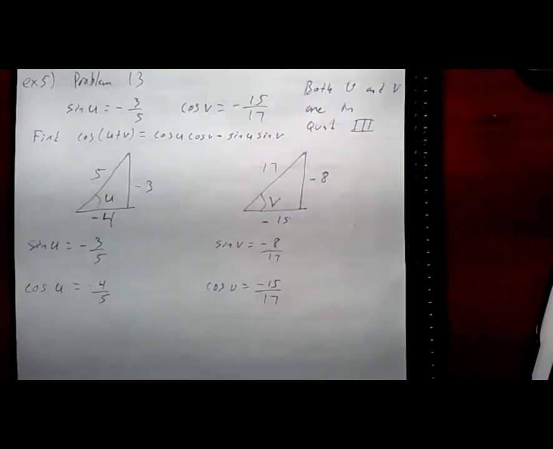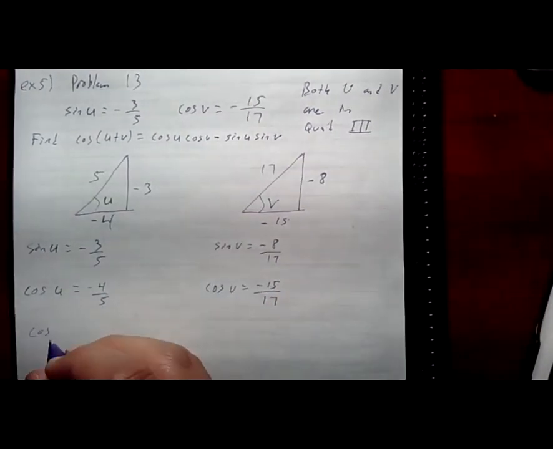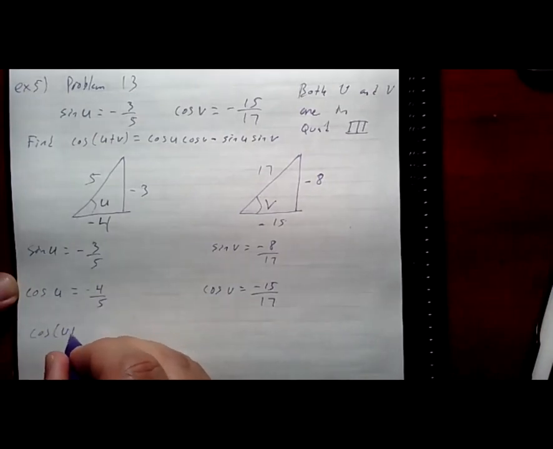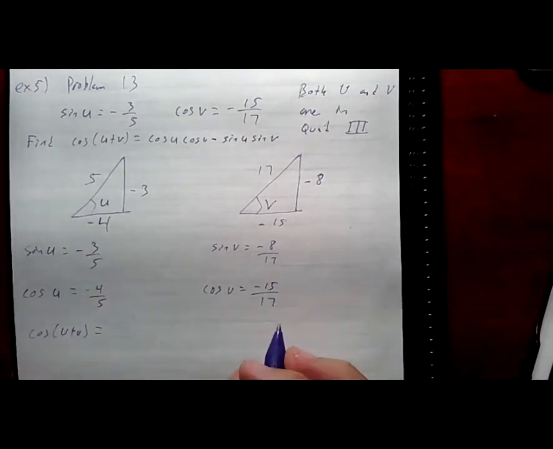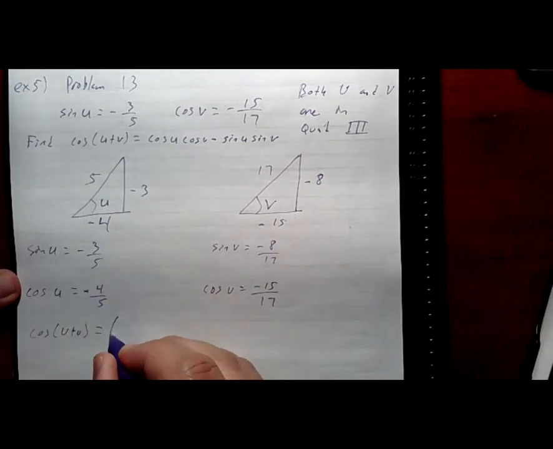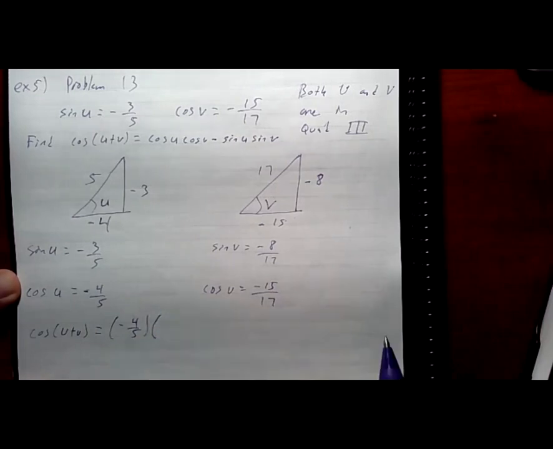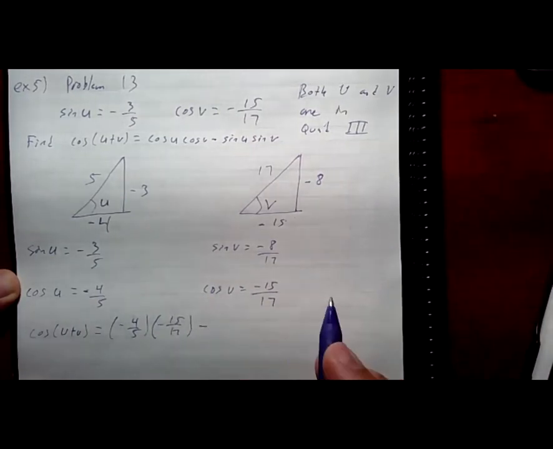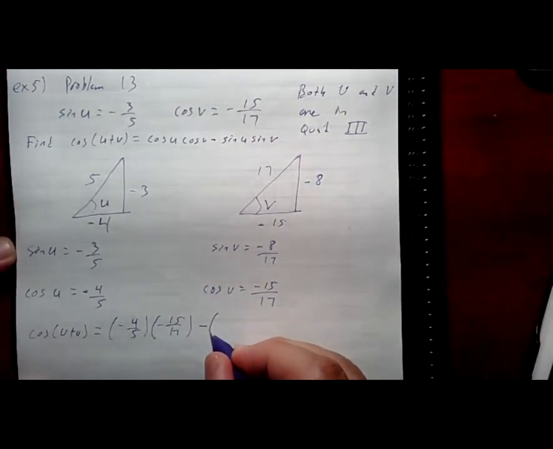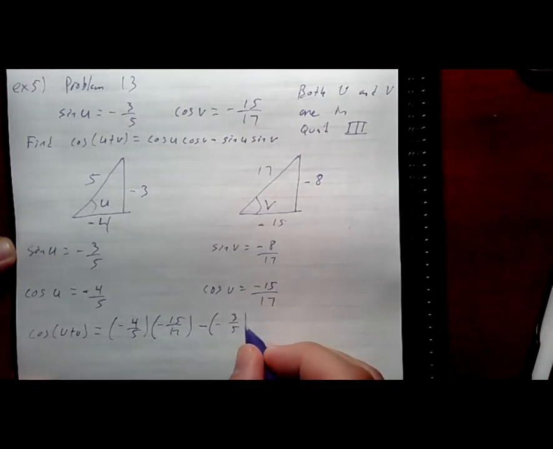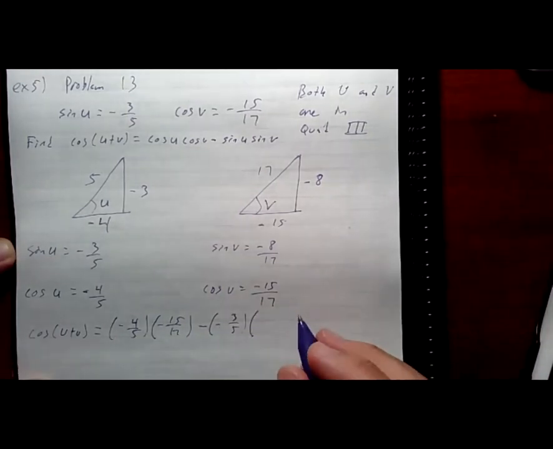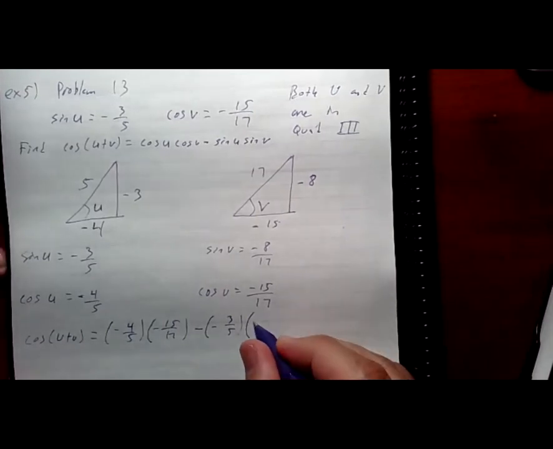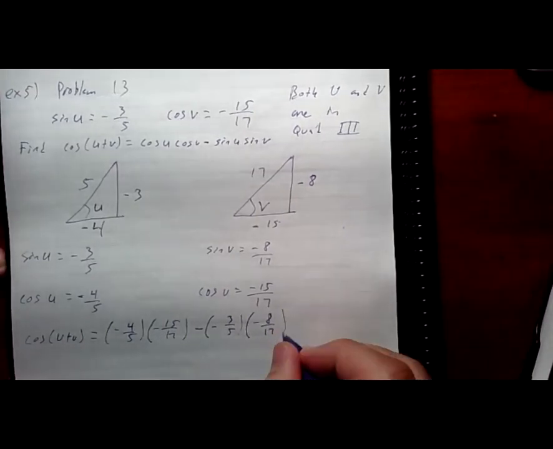And you're done. So cosine of u plus v is equal to cosine u times cosine v minus sine u times sine v. There we go, and that's it.